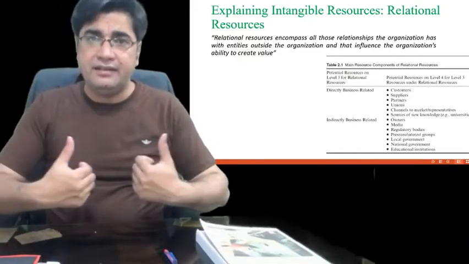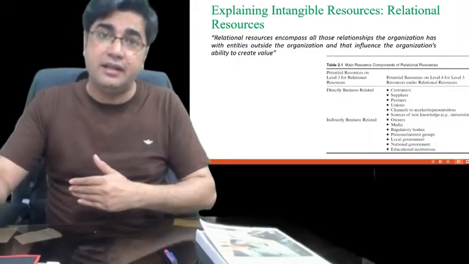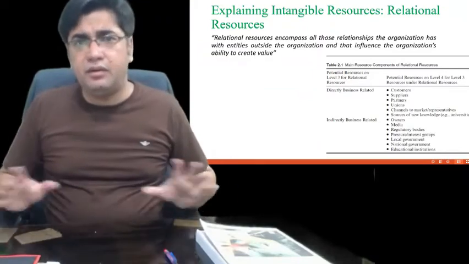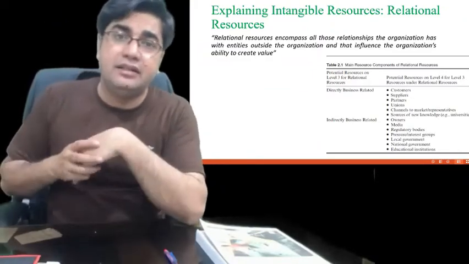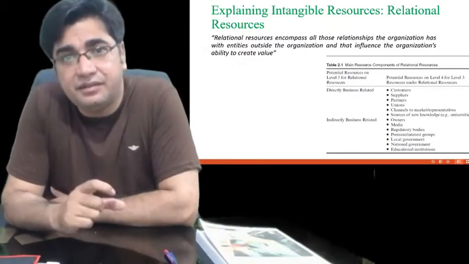So these 3 relationships, and obviously the relationship with the rest of the stakeholders, like your government, your bank, maybe your society, all of these relationships with all of the stakeholders form the relational capital or the relational resource of an organization.